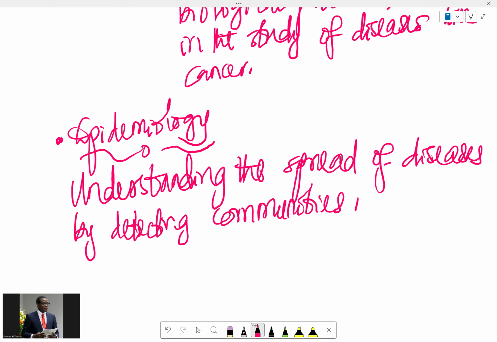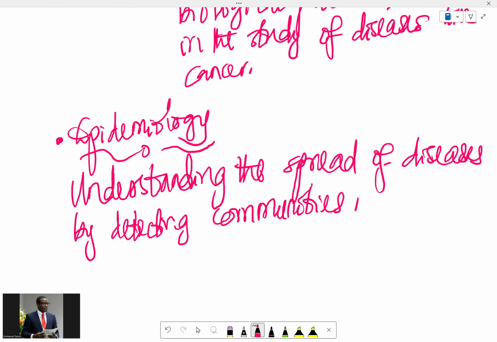One may be able to identify areas that are very prone to a particular kind of infectious disease, and such areas can be isolated for the purpose of quarantine or some special intervention.